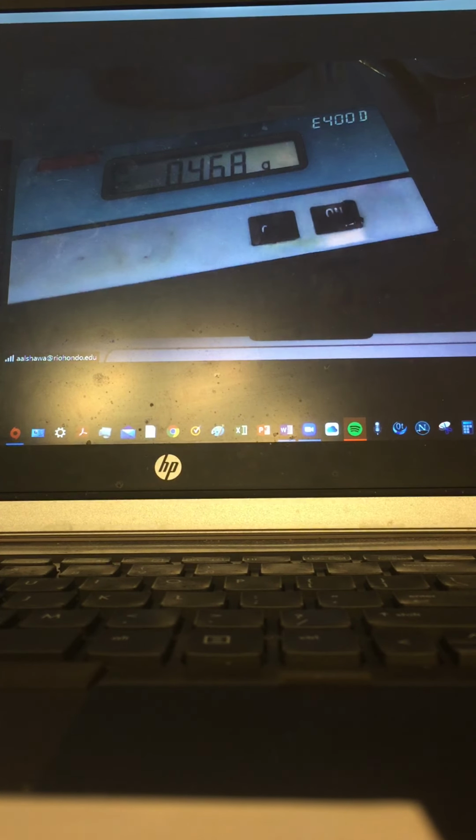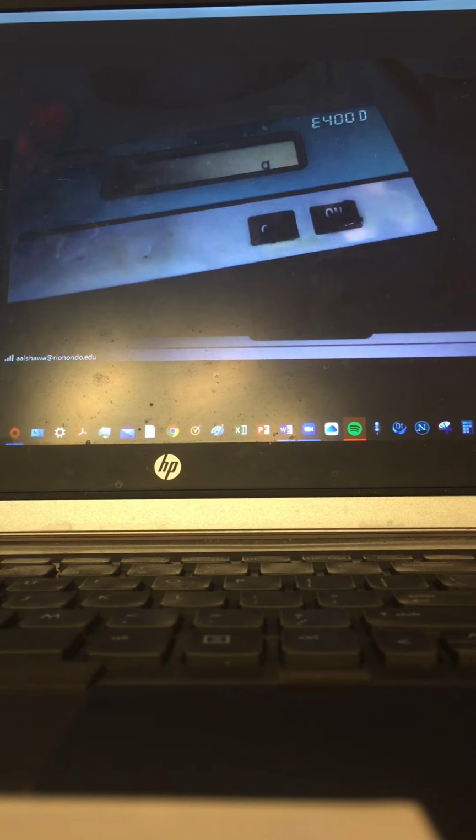So I want to measure between 1.25 and 1.3 grams of sodium iodide. This is sodium iodide.